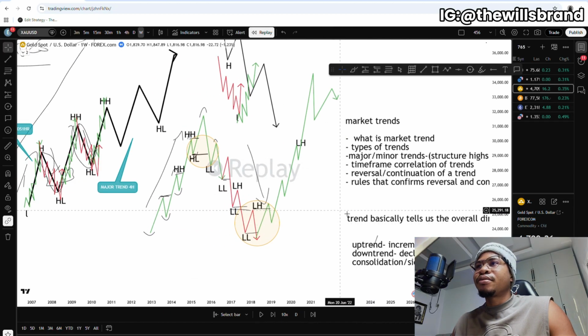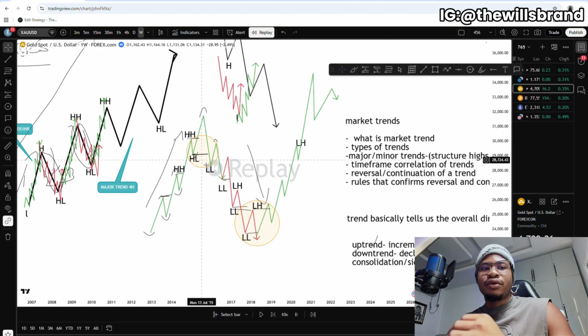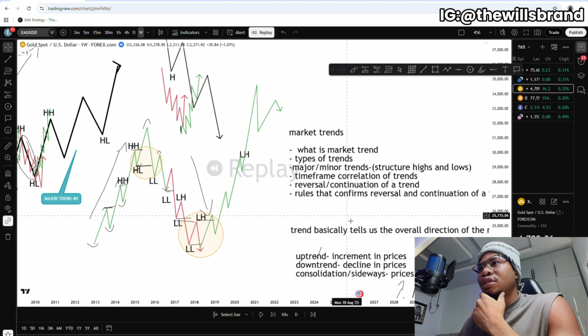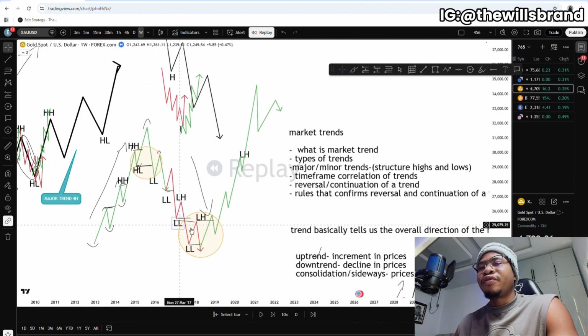So the rule is that for confirmation of a reversal for an uptrend, I've said that before, for an uptrend to a downtrend, we have to break a higher low for that to happen. All right, and for confirmation of a reversal from a downtrend to an uptrend, we have to break a what? We have to break a lower high.